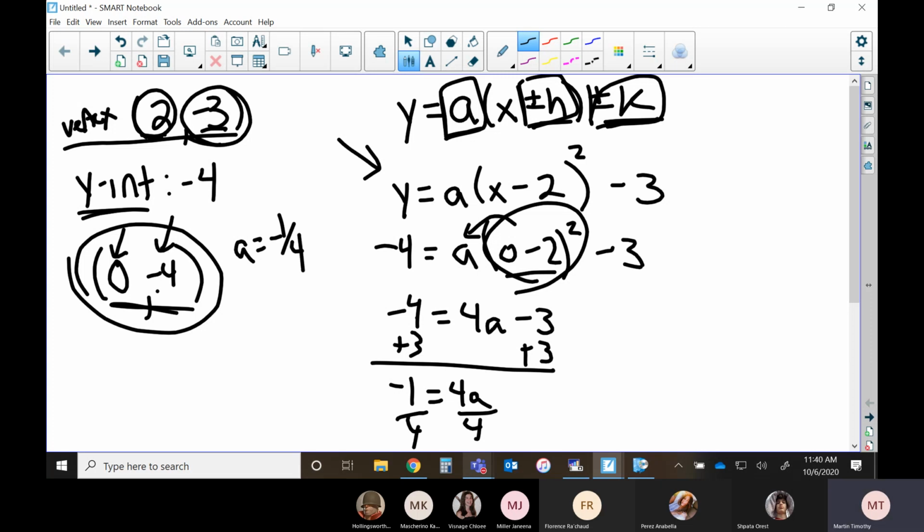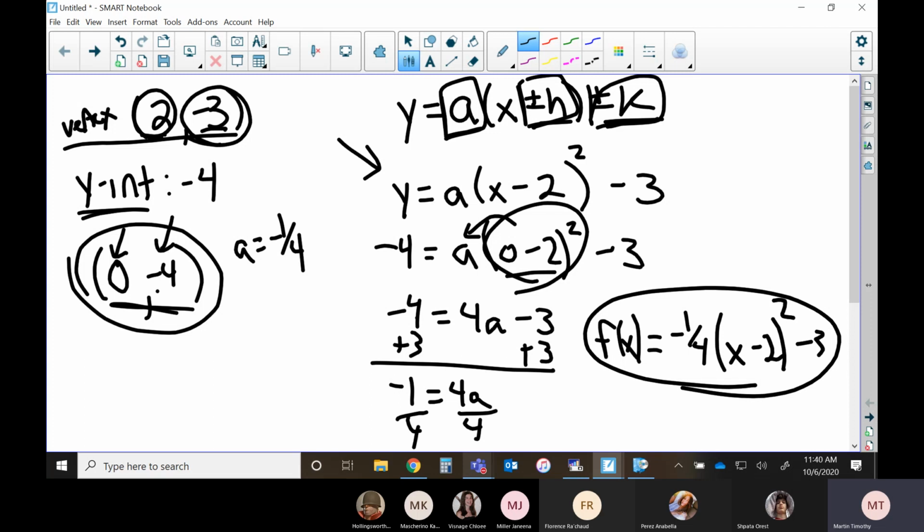So then I'm going to change the y to f of x. Remember, it's the same thing. And what would be my final formula? -1/4, parentheses, x minus 2 squared minus 3. There would be my equation for that.